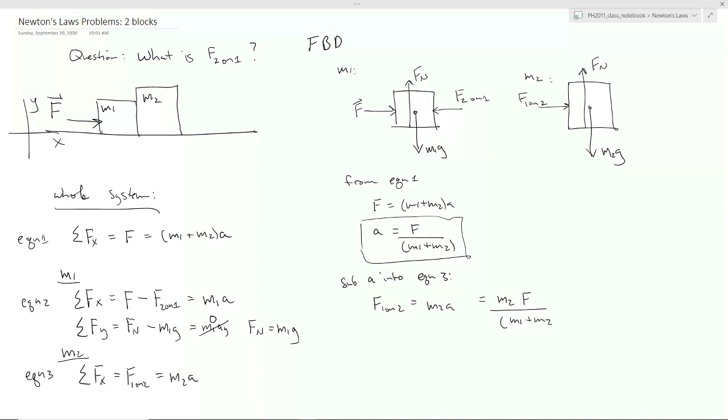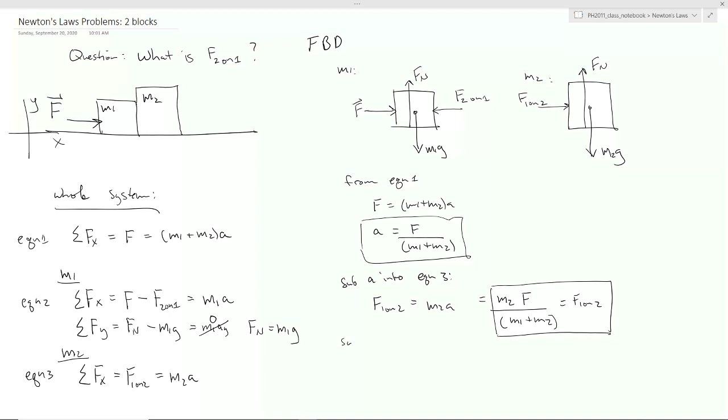So this is F1 on 2. And notice this agrees with our intuition. As M2 gets really small, the force of 1 on 2 is going to go to 0. In other words, it's not going to require any force to accelerate mass 2 if mass 2 doesn't have any mass. Okay, so this is one half of what we're looking at.